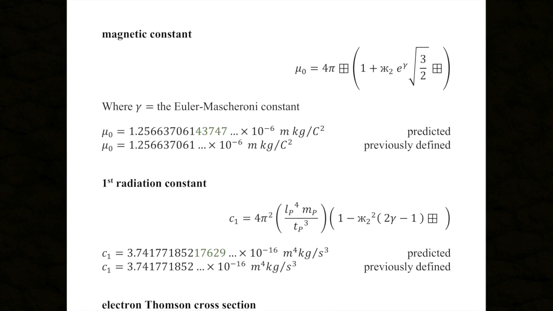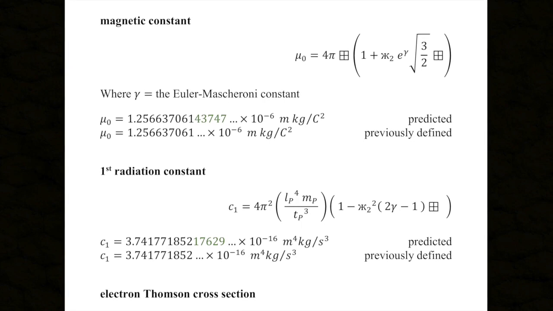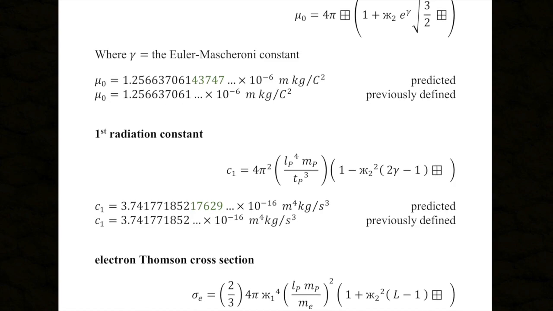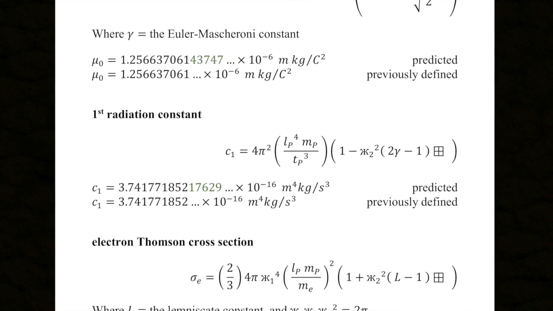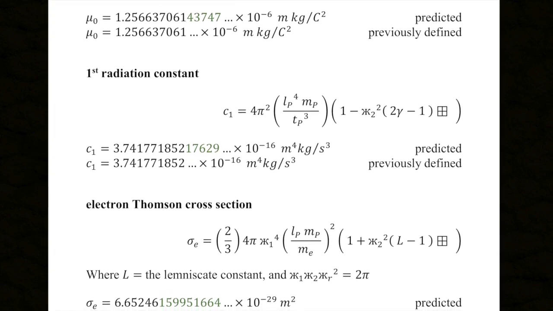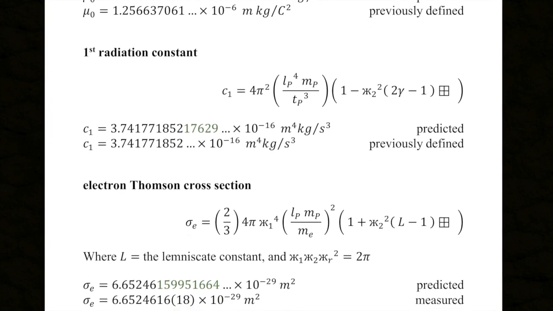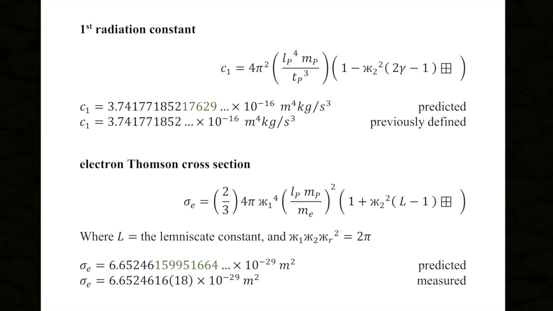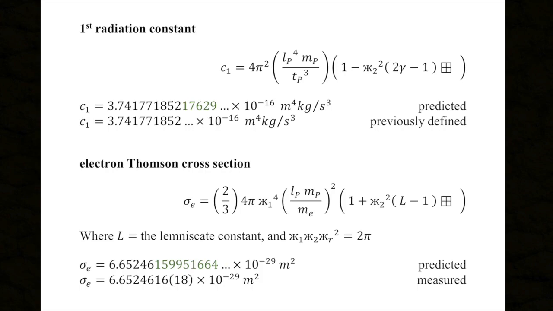The first radiation constant, in this case the primary action is 4 pi squared, and the terminal action is G2 squared times 2 gamma minus 1. 2 gamma splits minus 1 make it hyperbolic, but multiply that union by the second hyperbolic vortex partition constant squared. The electron Thomson cross-section has something similar to the first radiation constant in that its primary action also has a 4 pi in it, right?